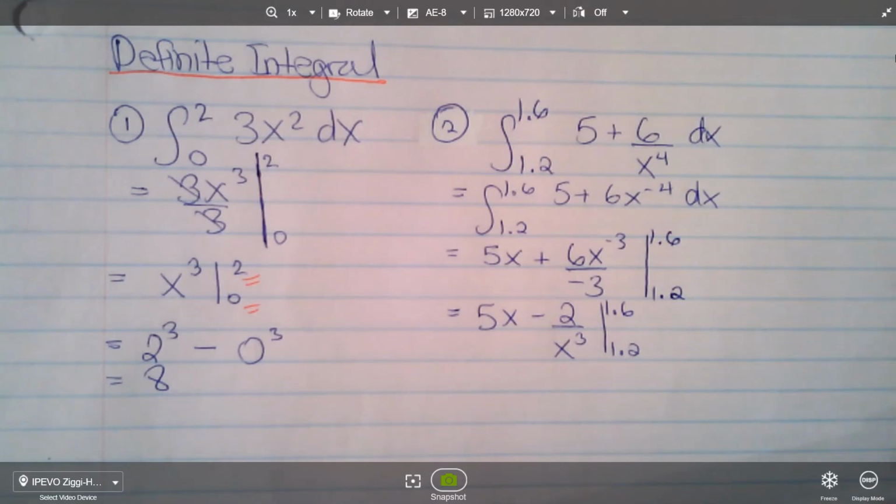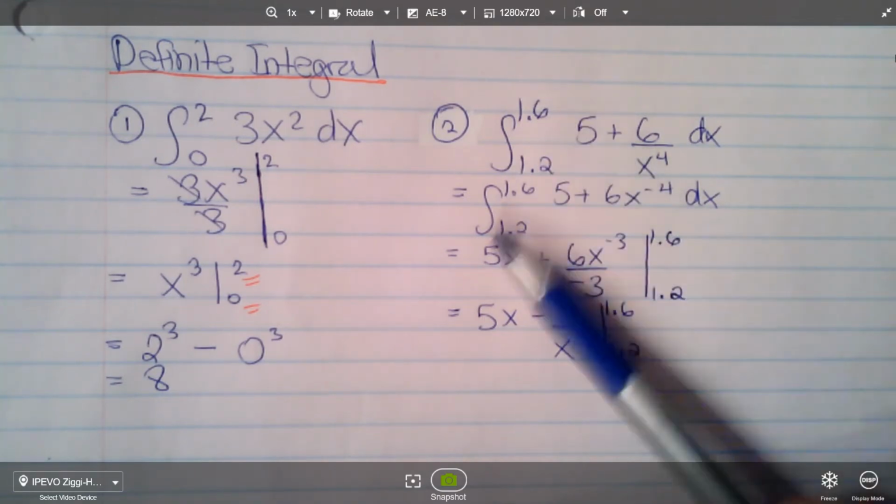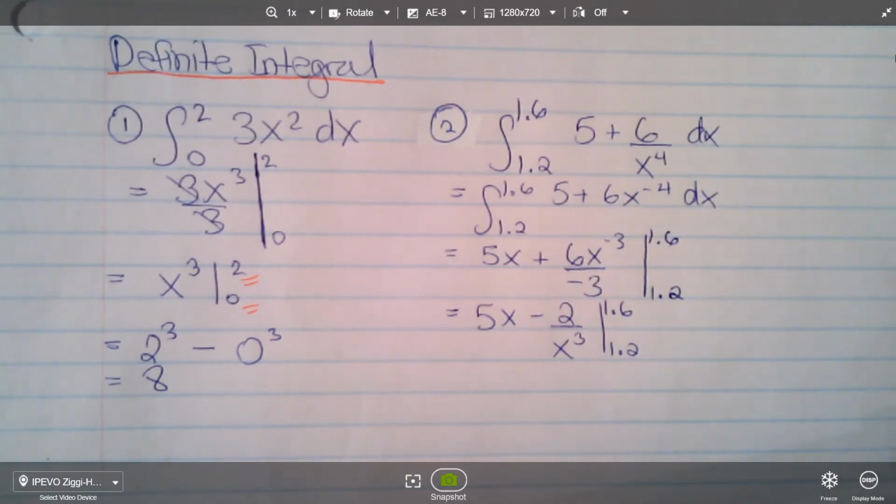So there's the integral part. Nothing has changed up till now, except I've got the bounds here, and then I've got these extra bounds on the side to indicate I need to evaluate. So I'm adding those little extra bits for the definite integral to show that I'm evaluating.